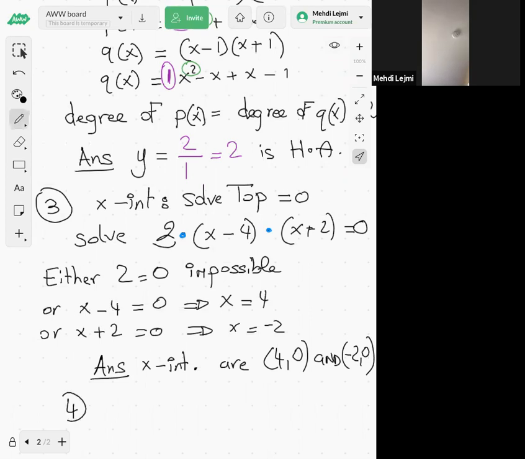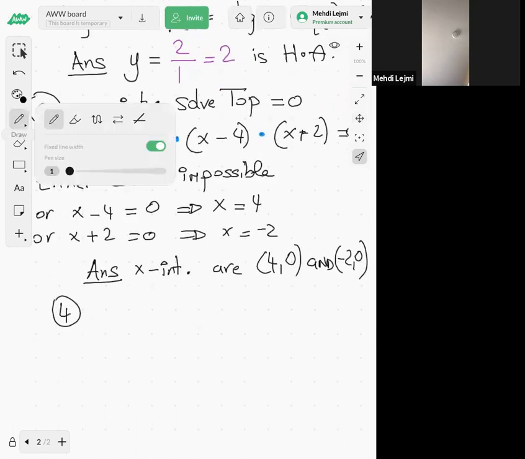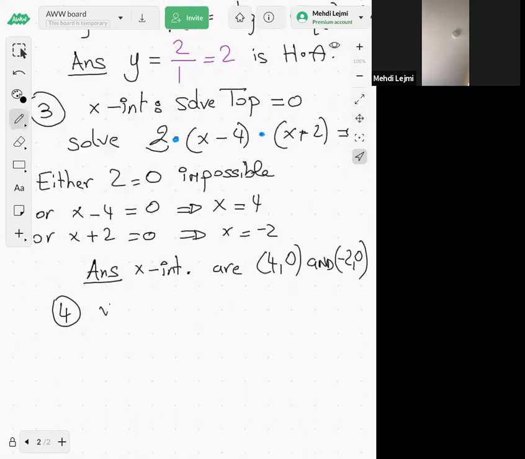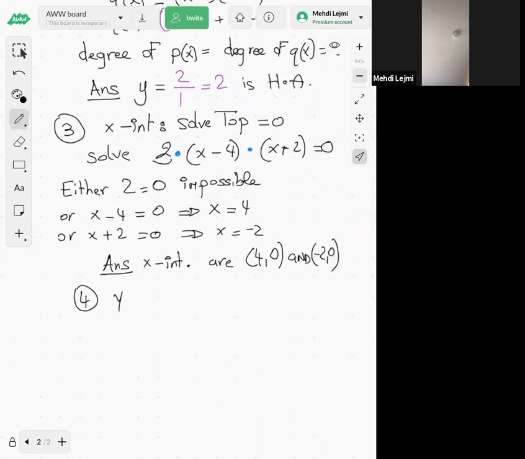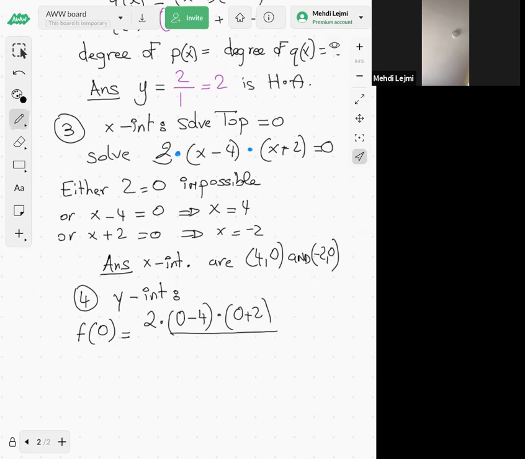Last thing before the graph, we have to find the y-intercept. So we have to plug 0 into the function f. So it's 2 times (0 minus 4) times (0 plus 2) over (0 minus 1) times (0 plus 1).